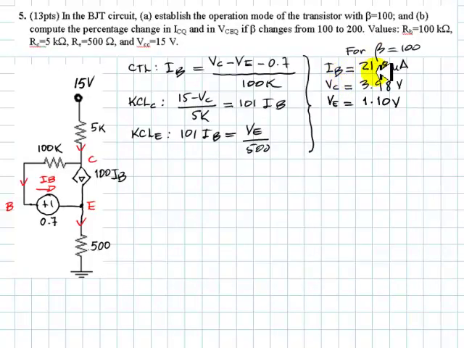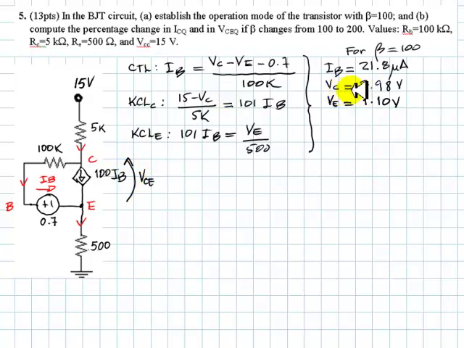Because the base current is positive, the transistor cannot be in cutoff. It has to be in either saturation or in its linear mode of operation. Which one? Well, let's find this voltage VCE, compare that with 0.2, and then we shall know.